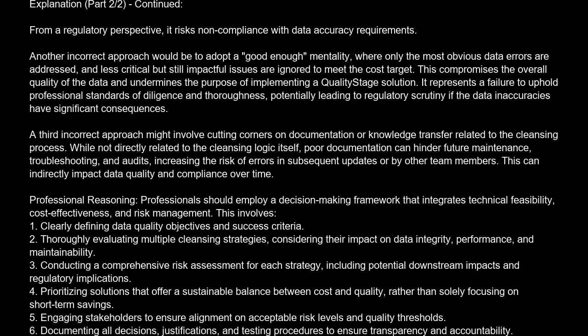Conducting a comprehensive risk assessment for each strategy, including potential downstream impacts and regulatory implications. 4. Prioritizing solutions that offer a sustainable balance between cost and quality, rather than solely focusing on short-term savings. 5. Engaging stakeholders to ensure alignment on acceptable risk levels and quality thresholds. 6. Documenting all decisions, justification, and testing procedures to ensure transparency and accountability.